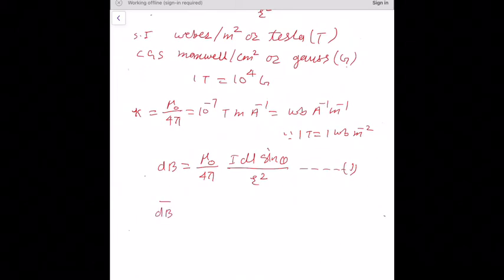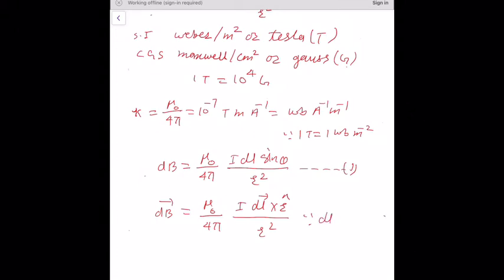by dB vector is equal to mu naught upon 4 pi I dl vector cross r cap upon r square, since dl vector cross r cap is equal to dl sin theta.